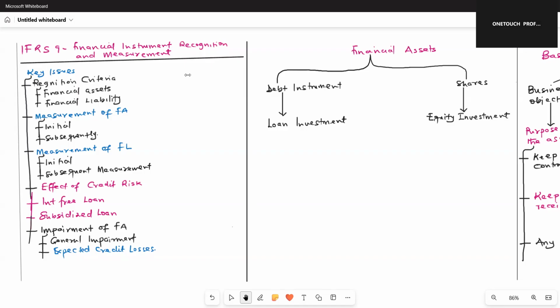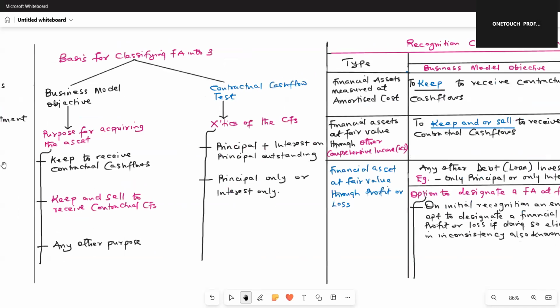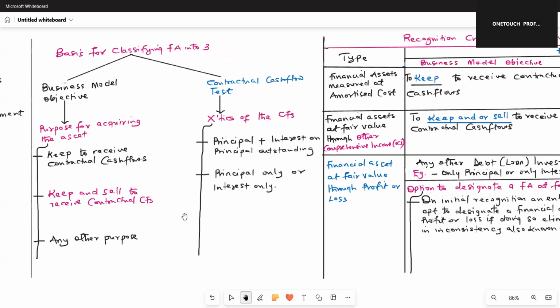Yes. Can I move? Yes, sir. Okay, page 2.